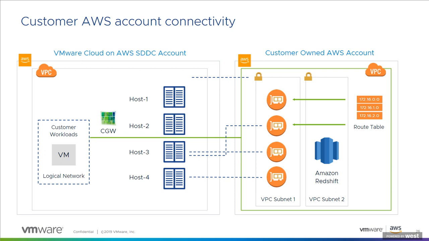A route table is then updated, and this is what allows us to send traffic across to the native VPC, or if the customer has workloads residing in the native AWS VPC, it's what allows traffic to connect back to workloads running inside VMware Cloud on AWS. And we use the ENI that connects the two environments together in order to send that traffic.